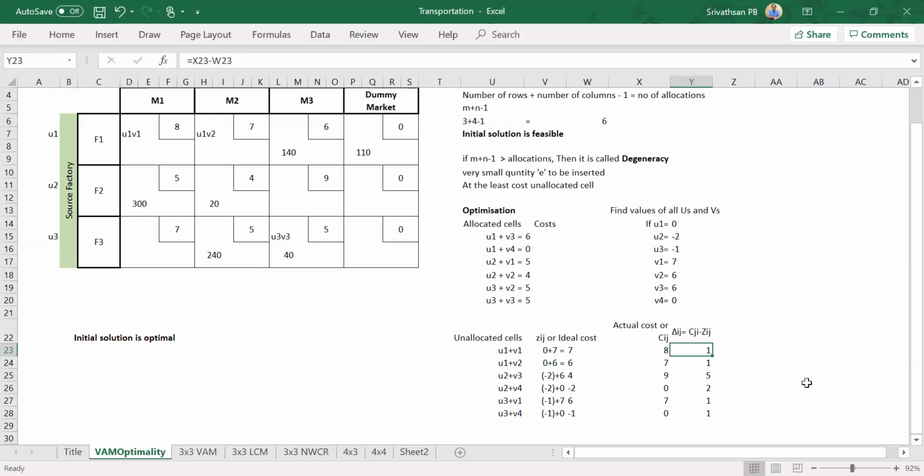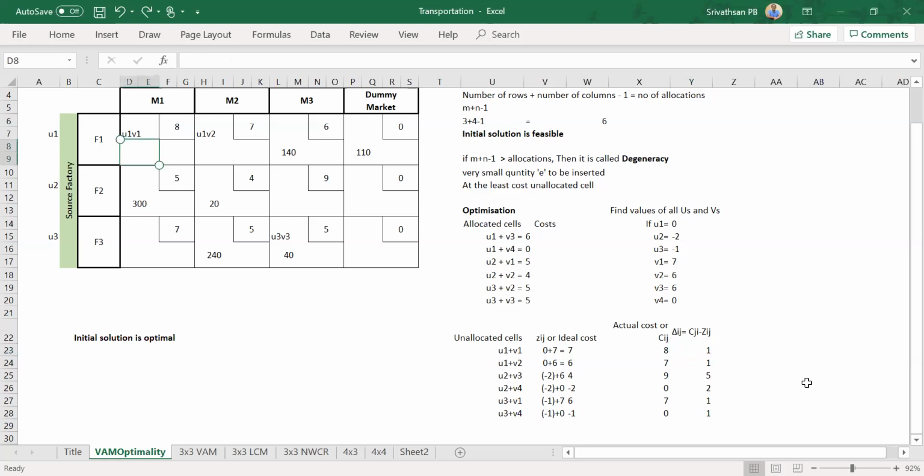Since there are no negatives here, and a negative would mean there is an opportunity. Suppose this result was minus 1. That means if I allocate more units here, for every unit I allocate there will be a saving of 1 rupee. It's not the case now, and I have not allocated anything here.